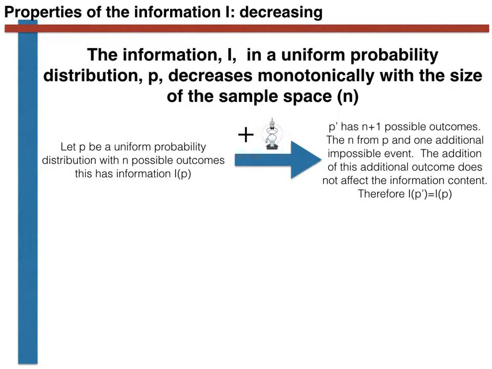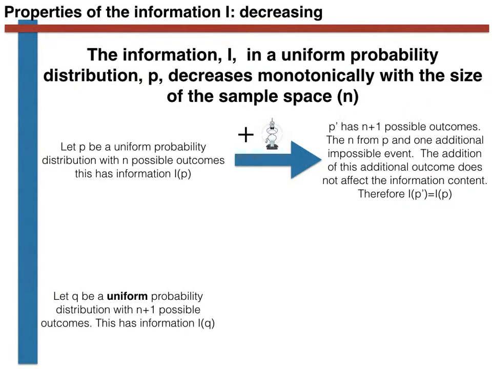Let's now introduce a third probability distribution Q. This will be a uniform probability distribution with n plus 1 possible outcomes. In other words, Q is a probability distribution for an experiment with n plus 1 outcomes that are all equally likely to occur.